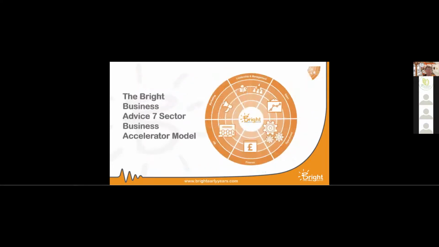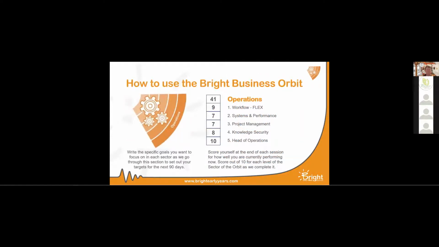So as I say, we're here in the Bright business model, the 7-sector business model, and this is the third of our masterclasses. And we've got 3 more to go after this. So we're nearly halfway through, which is lovely. Okay, so let's just look at our model and how we do the scoring as well.